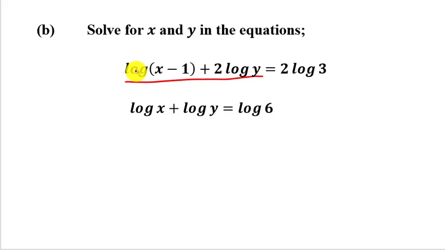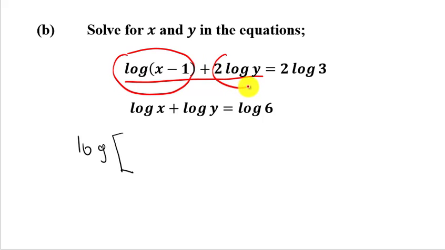Alright, so this is going to give us log, since the two logs, this particular logarithm and this particular log, are adding, it means that if you want to combine them to get one log, the numbers here, x minus 1, and then what you are having here, that is y squared, the two logarithms, they are going to multiply.